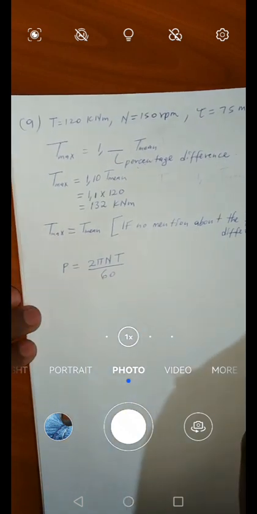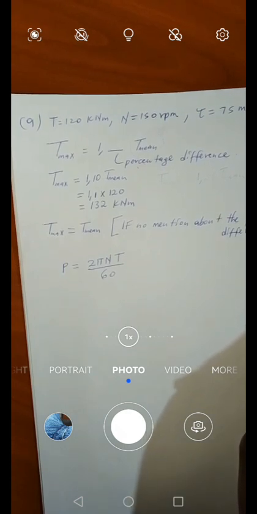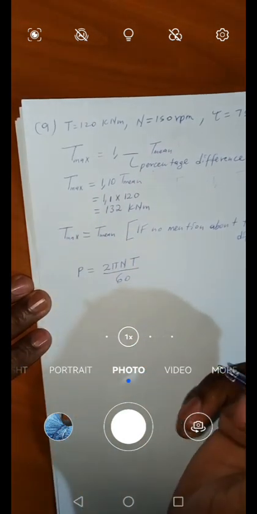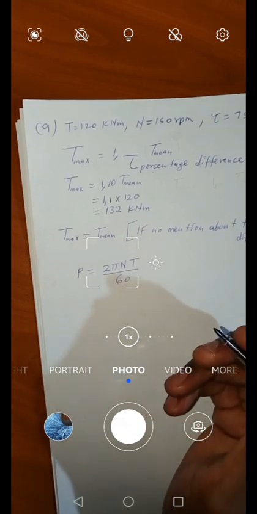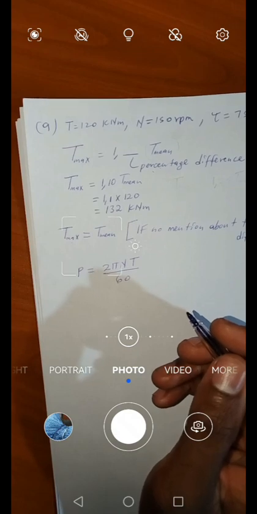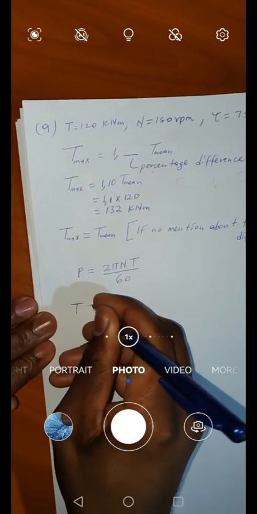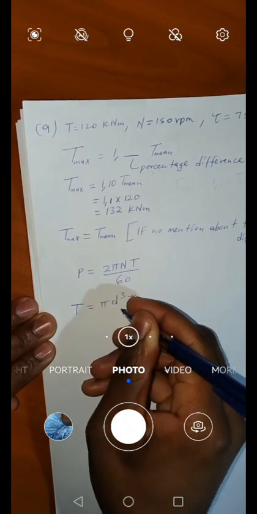Right, back to our problem. We already calculated the maximum torque, and now the question is looking for the diameter. To calculate the diameter, since this is a solid shaft, you come to this: T equals pi d cubed shear stress over 16.